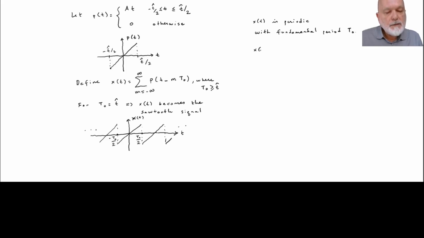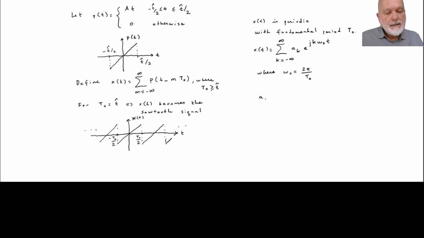So x of t can be represented as a Fourier series as follows. The superposition of the complex exponential signals e to jk omega 0 t, where omega 0 is related to T0 by means of this equality.